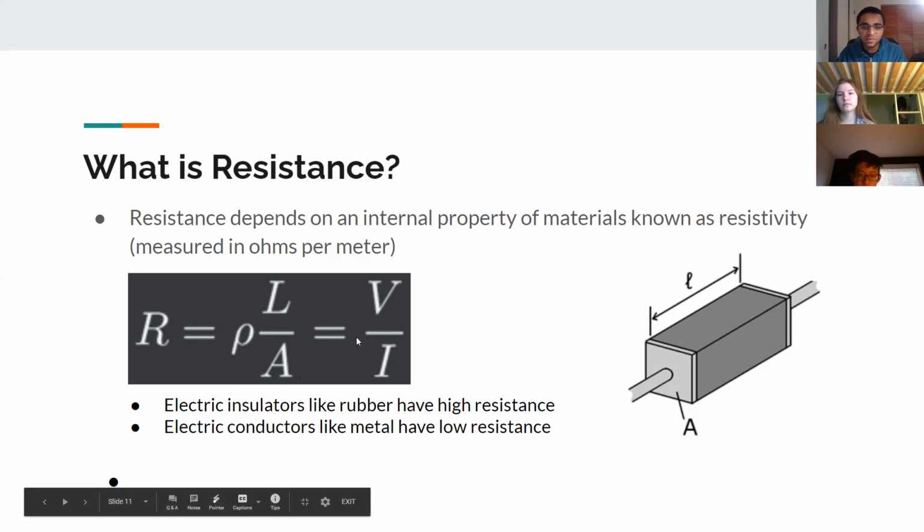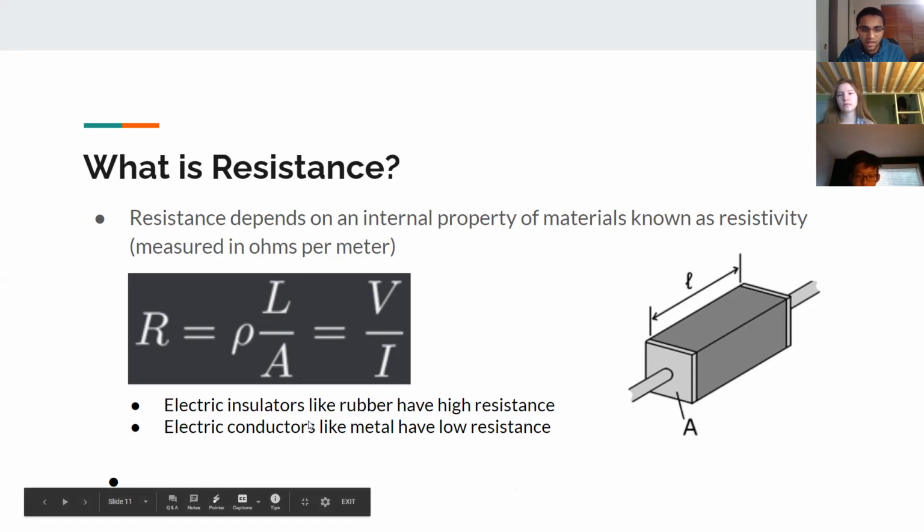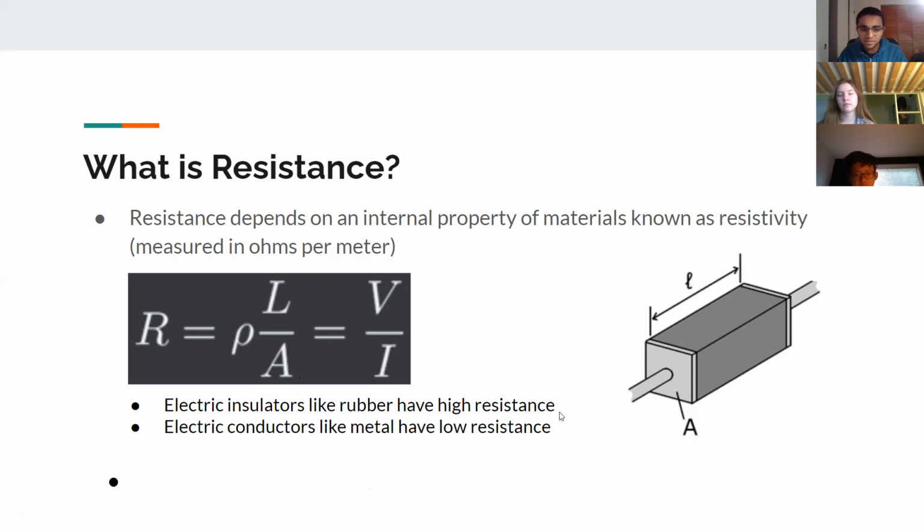And using Ohm's law, we can also say that it's voltage divided by current, which is a very important fact. Electric insulators have high resistance, whereas electric conductors like metal have low resistance, right? As I said, it's an intrinsic property of materials. And on the right, you can see a picture of what we mean by cross-sectional area and length.